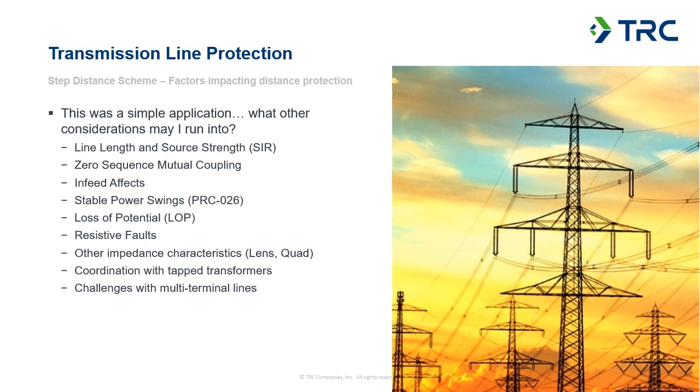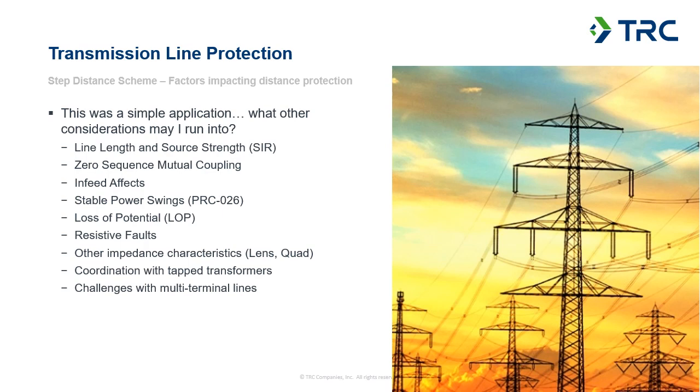You may be pairing that up with a pilot scheme or a communication assisted line protection scheme. But when you break down the approach to any of those, they're all fairly simple schemes. You just really need to understand the reasoning behind why you're setting them that way, so that you can make sure that between all of those schemes, you're covering all of the expected fault scenarios that you'll need to operate for.